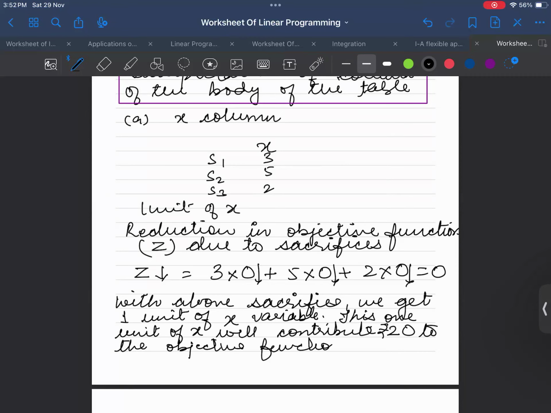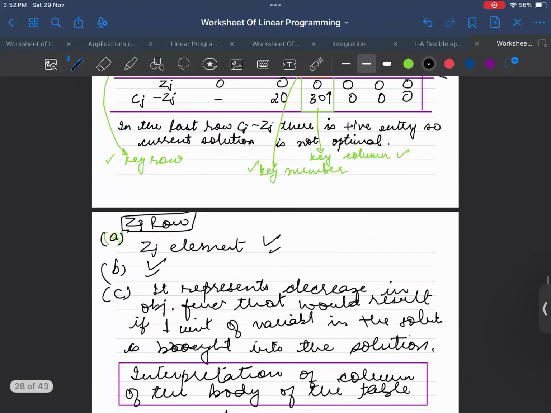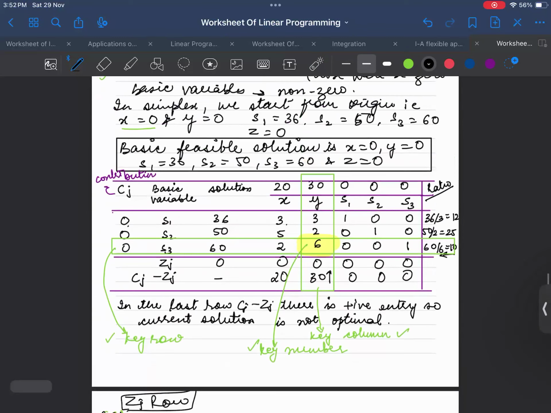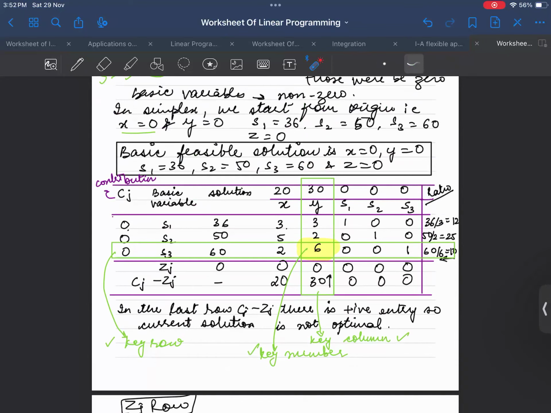We have seen over there why its contribution is 20 rupees.